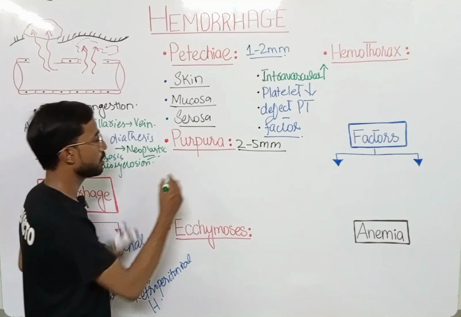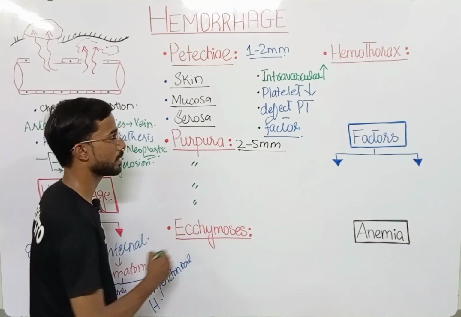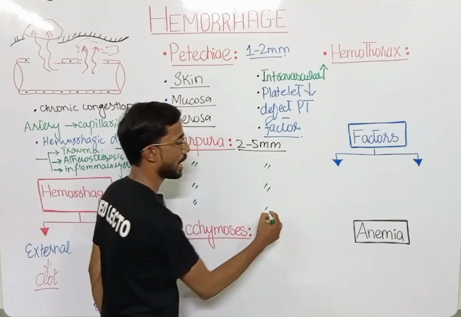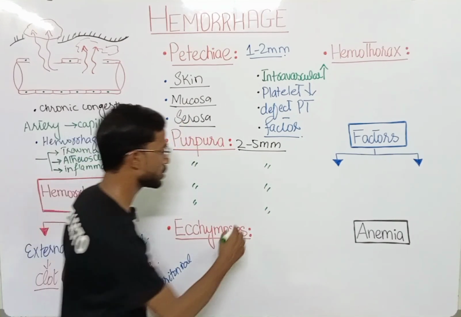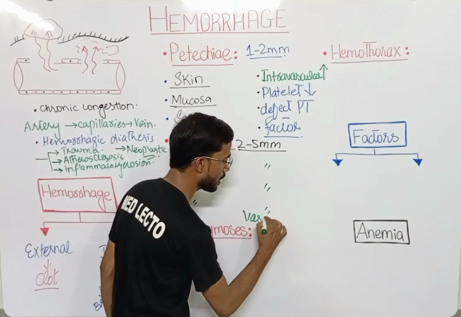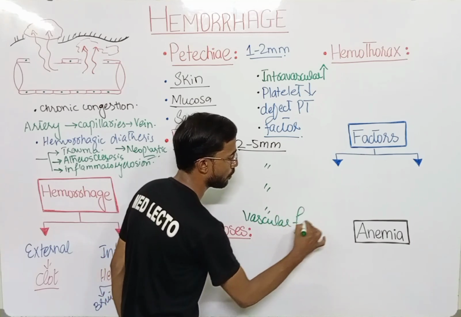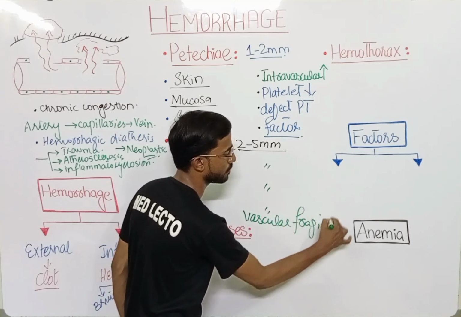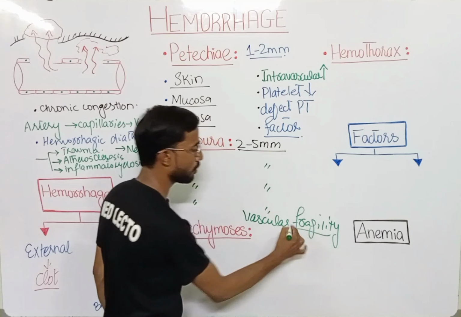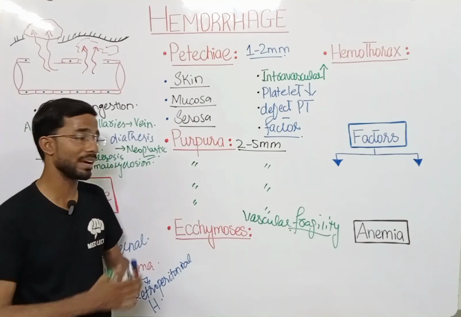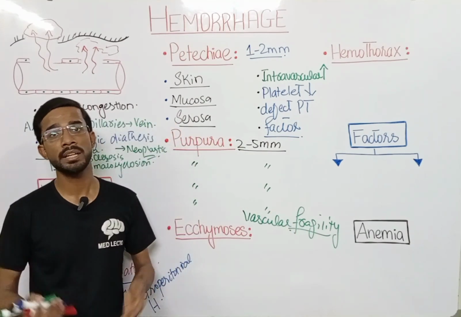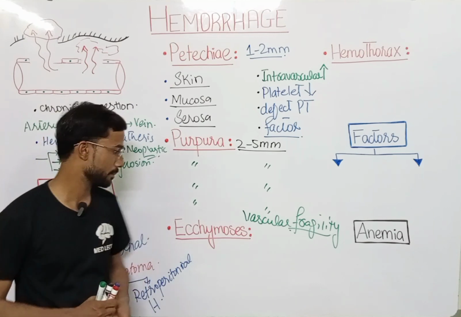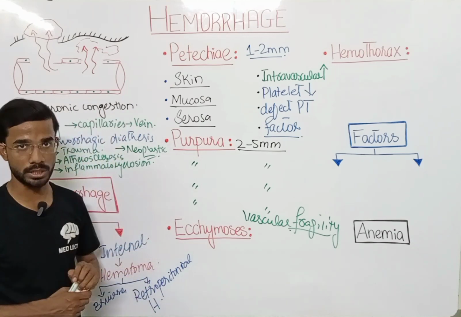You can also see other factors like vascular fragility, weakness of the blood vessel, and as you know, when the blood vessel becomes weaker, it can rupture easily.